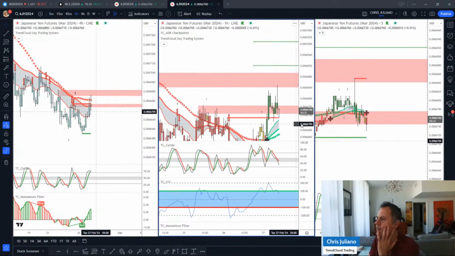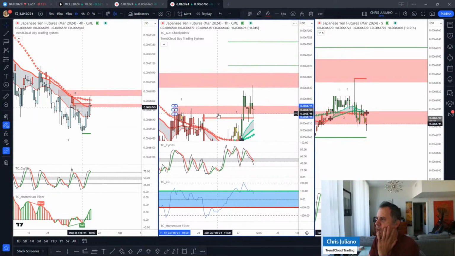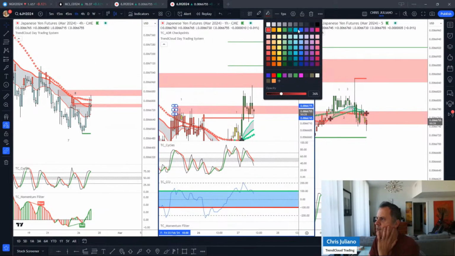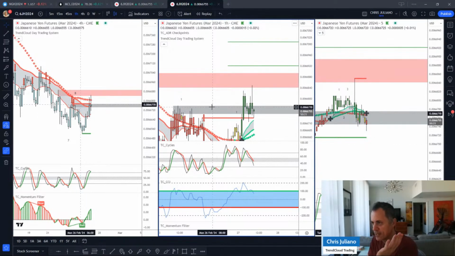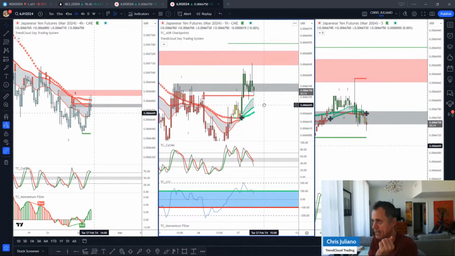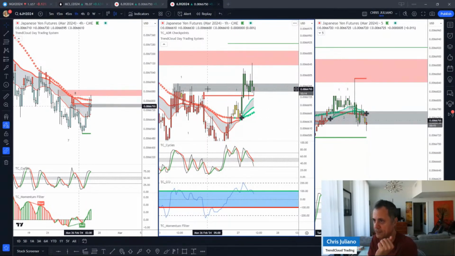So what did it do? It broke through this, right? And this is everything that we were hoping for. We were confident. Well, I should say I was confident because that price was going to crash through this supply zone. And why do you think that is?